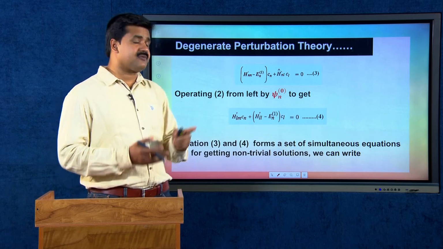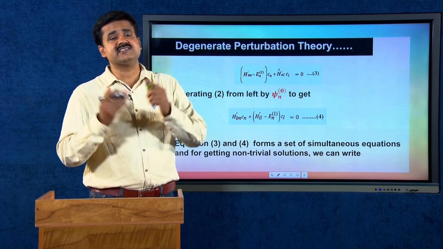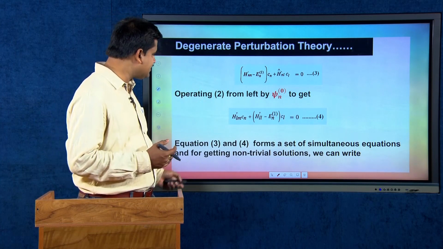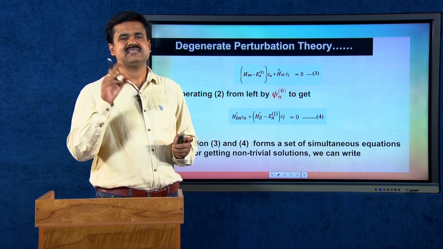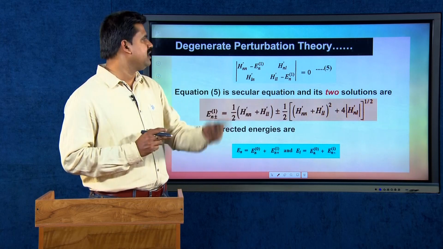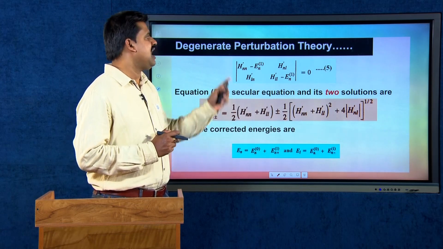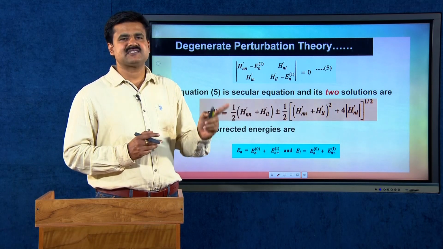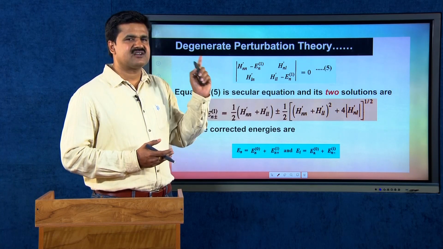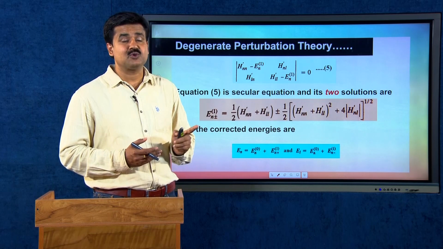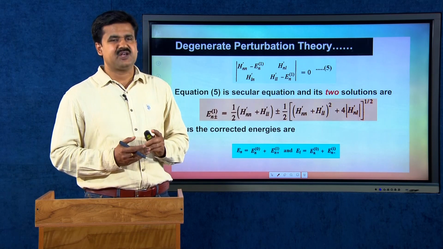Equations 3 and 4 form a set of simultaneous equations, and to get a non-trivial solution, we have to represent them as a secular equation, and the determinant represented here should be equal to 0. This is the condition for getting a non-trivial solution to equations 3 and 4.